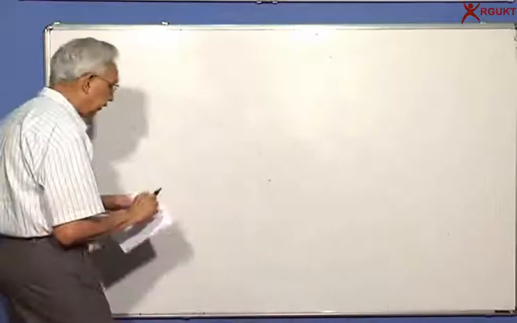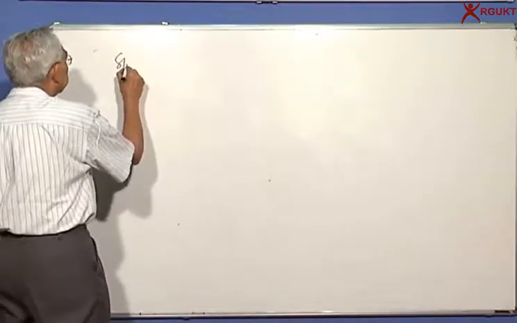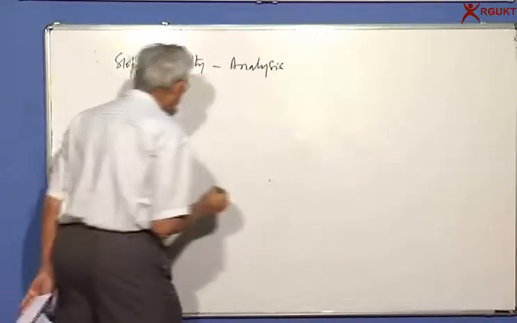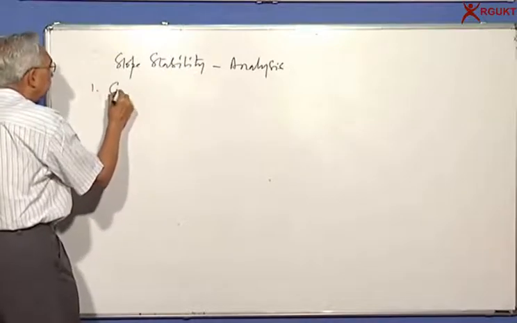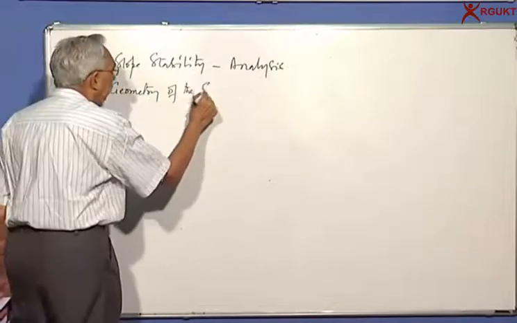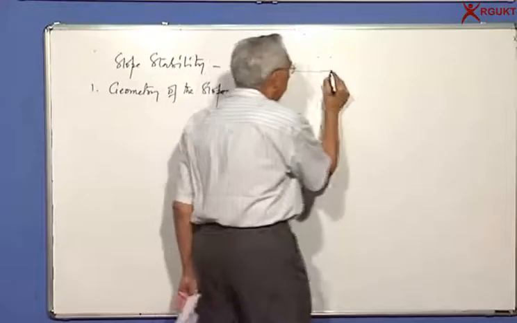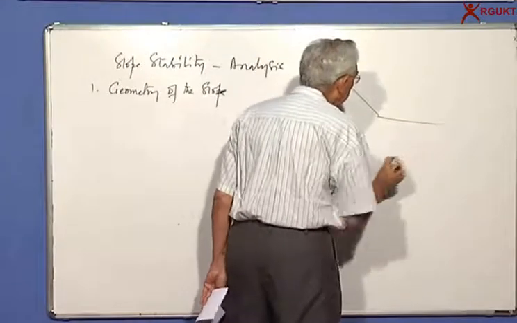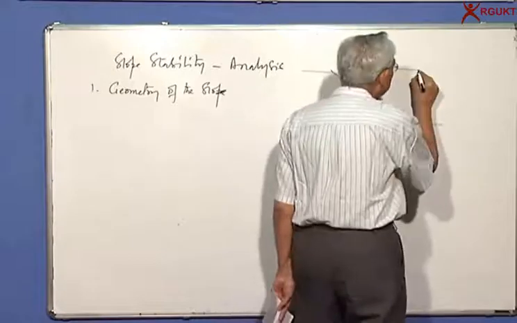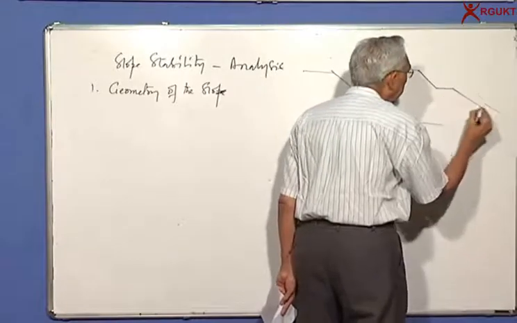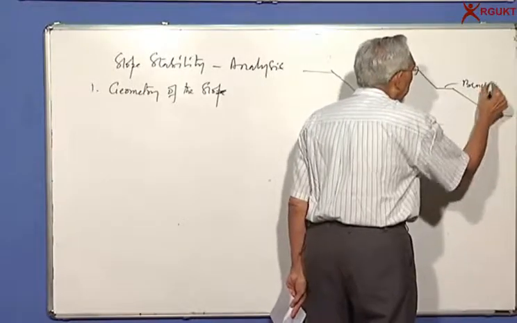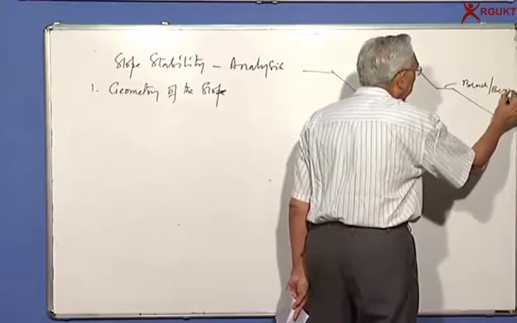So the method of slope stability analysis, first you should know the geometry of the slope. Usually it is a planar one, but there may be situations where you may provide a bench or a berm, as we call it.